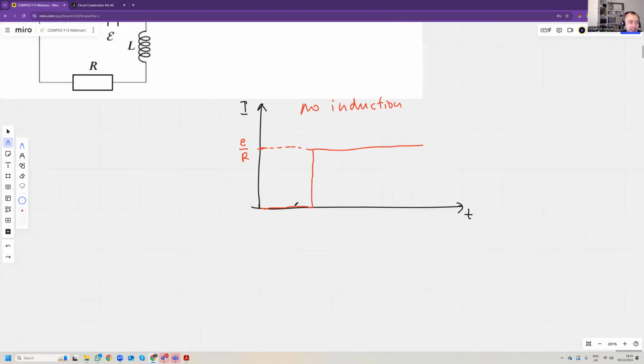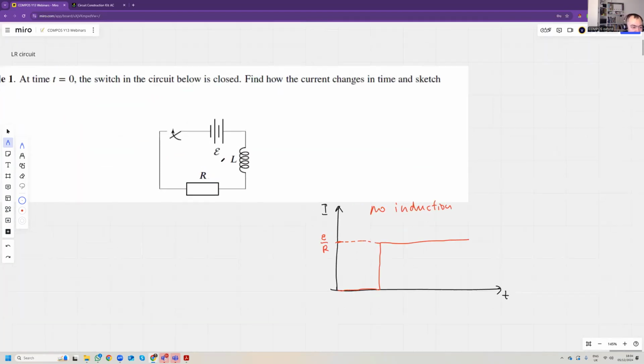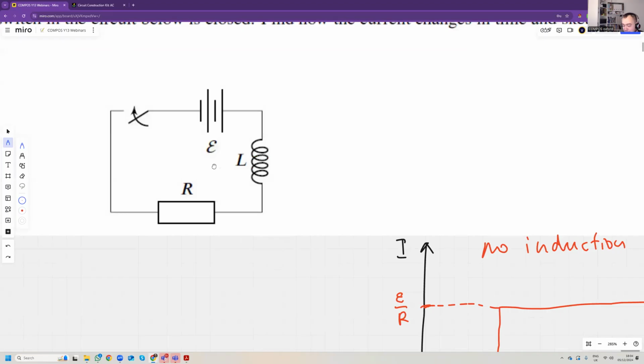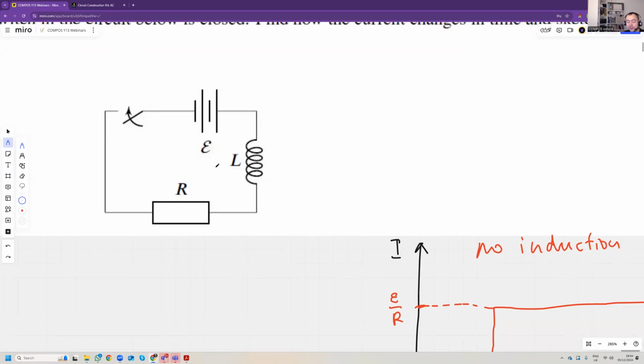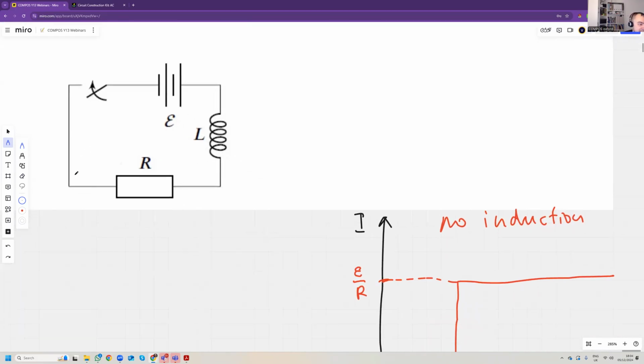Now, what does the inductor do? Well, the inductor produces a voltage, an EMF, in the opposite direction, and that reduces the current. It uses Lenz's law.